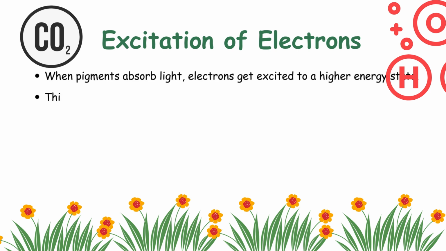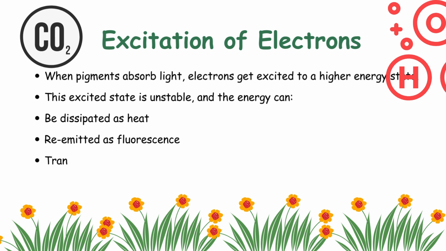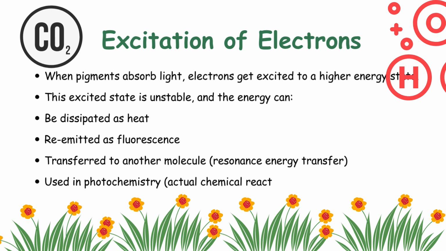The energy might just be released as heat, or re-emitted as fluorescence, a lower energy light, or transferred to another pigment molecule nearby through a process called resonance energy transfer. Or most importantly, the excited electron itself may be transferred to another molecule, a process known as photochemistry, which is the foundation of the light reactions of photosynthesis.